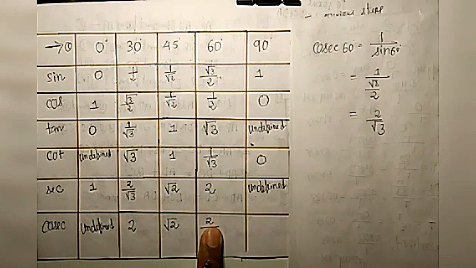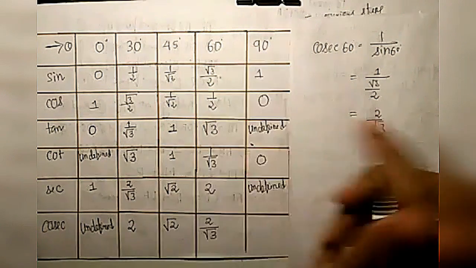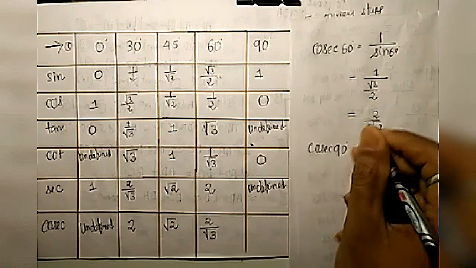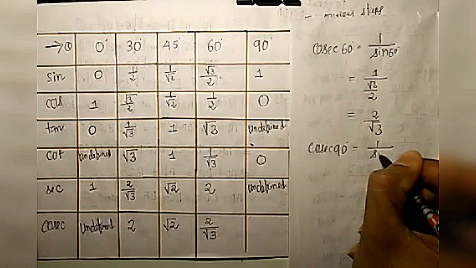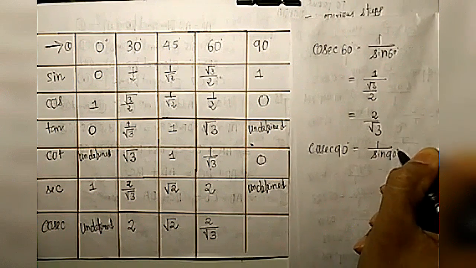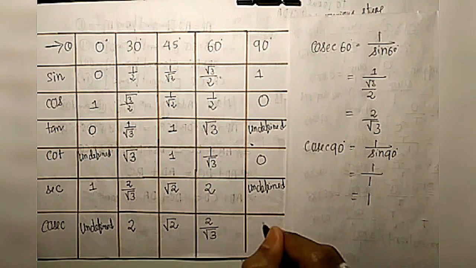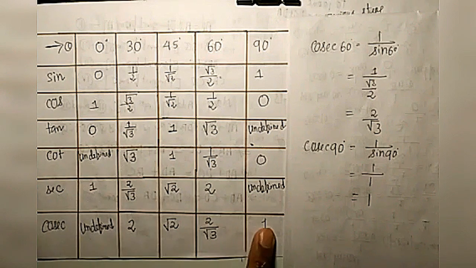So cosec 60 is 2 by root 3. Next, cosec 90 degree. So cosec 90 is 1 by sine 90 degree. So 1 by sine 90 is 1 by 1, which equals 1. So cosec 90 degree is 1.